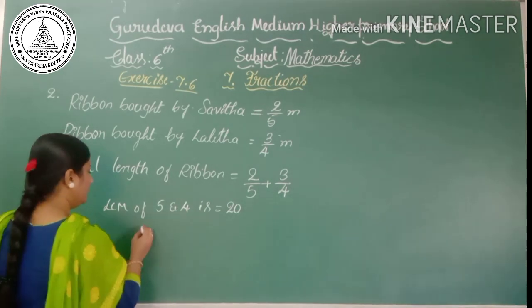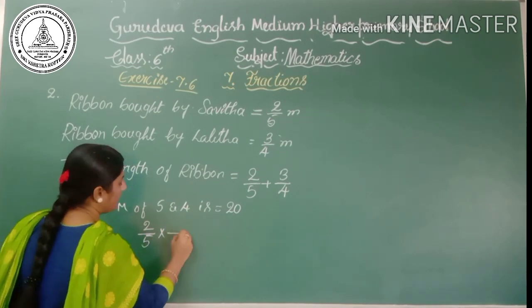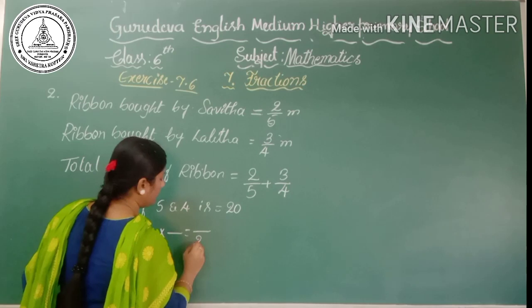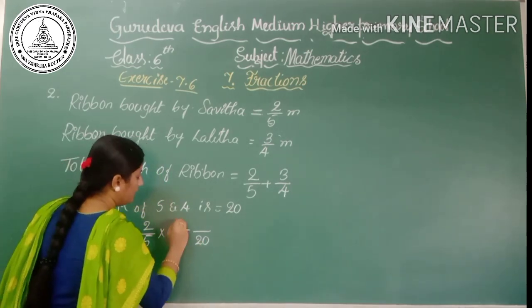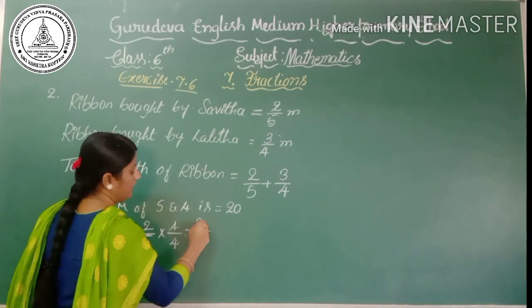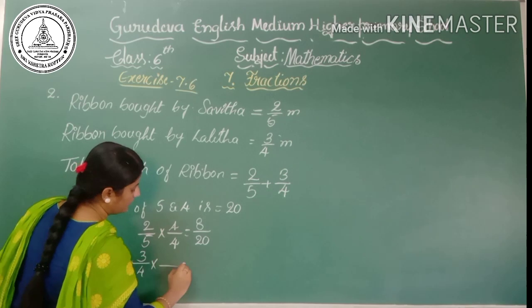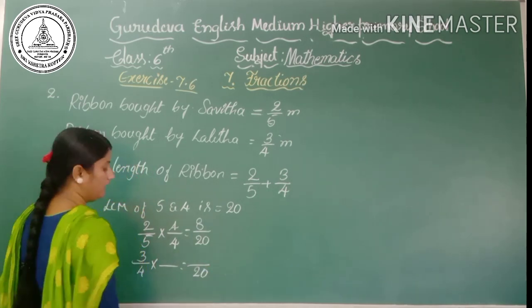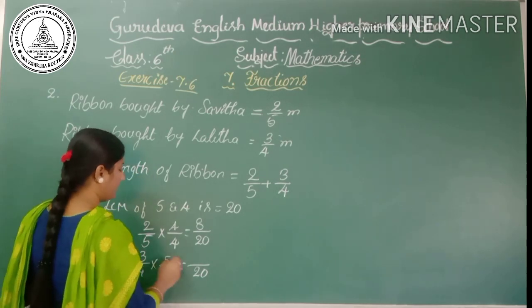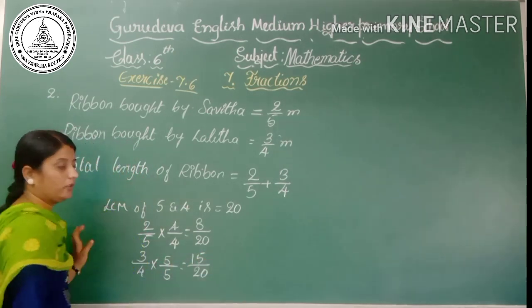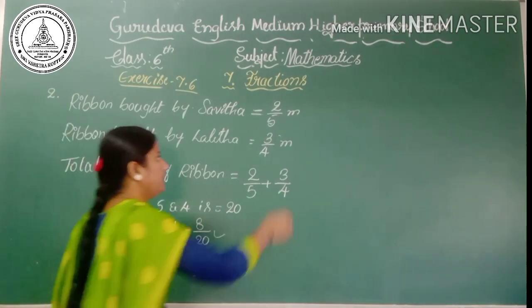Then make the given fractions into like fractions. 2 by 5 with denominator 20. 5 times how much is 20? 5 fours are 20, 2 fours are 8. Then the second fraction, 3 by 4 with denominator 20. 4 times how much is 20? 4 fives are 20, 3 fives are 15. Okay. Now 8 by 20 and 15 by 20 are like fractions, then add easily.